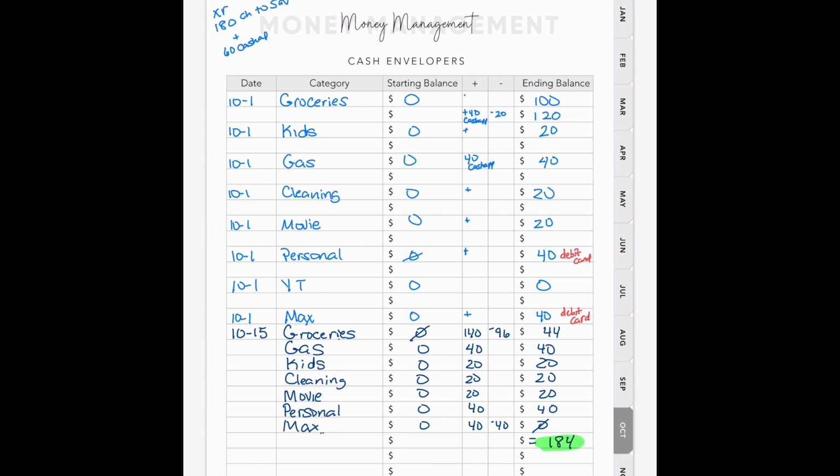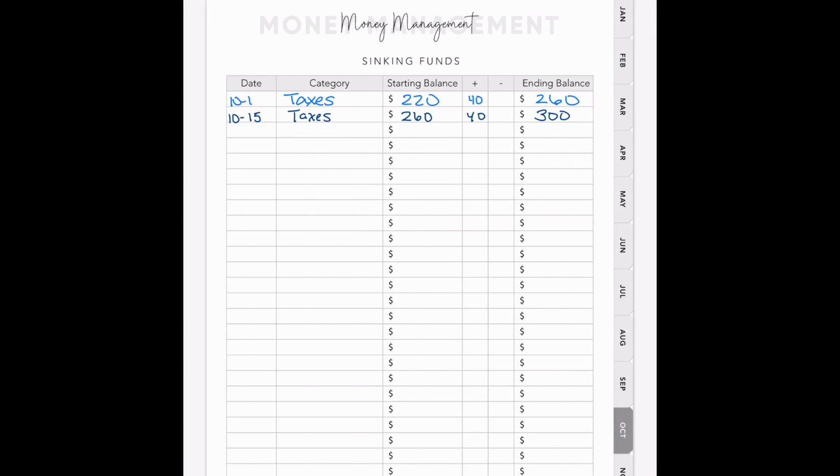After I bought some things, I had 184 left out of the cash envelopes for these categories, and then of course the taxes. Because I'm using the money in here to make the monthly payments, I have $300 available, so I'm still putting it in as I'm making the payments.